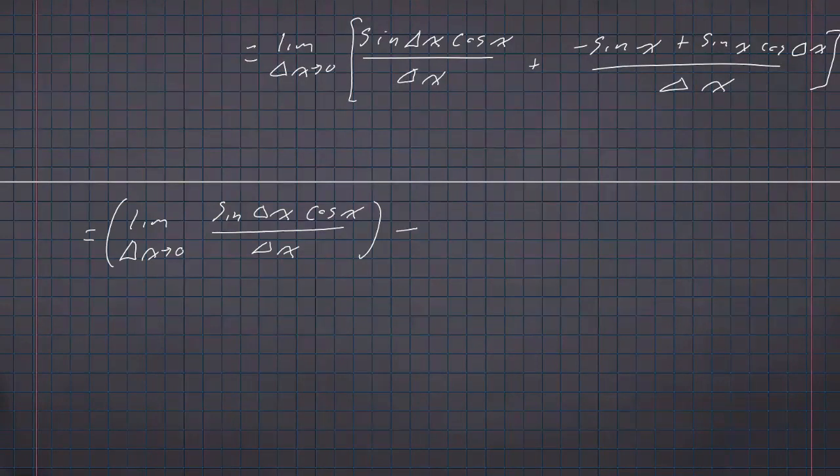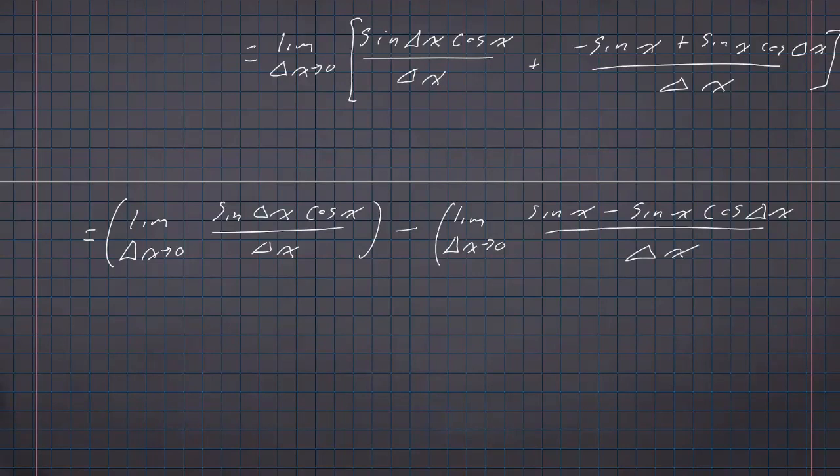So it's minus the limit as delta x goes to 0. Because I factored out the -1, I changed the sign. This will be positive, and that will be negative. So I have sine of x minus sine x cosine delta x all over delta x.